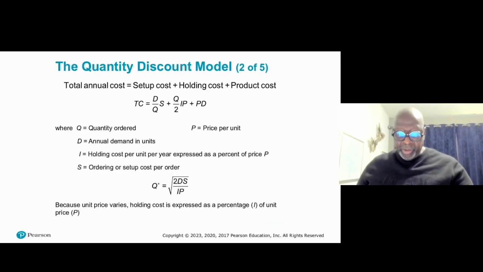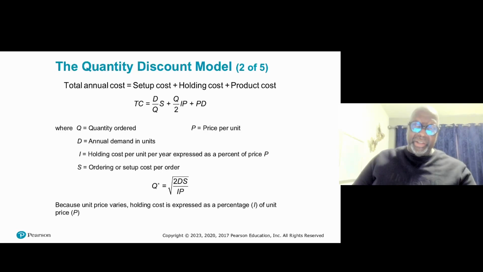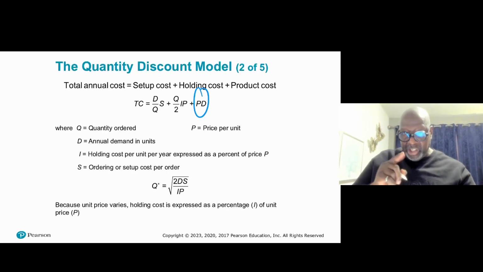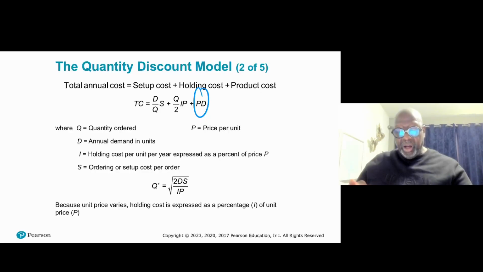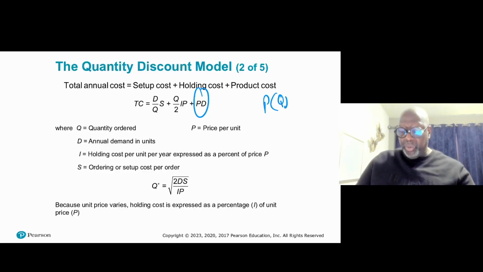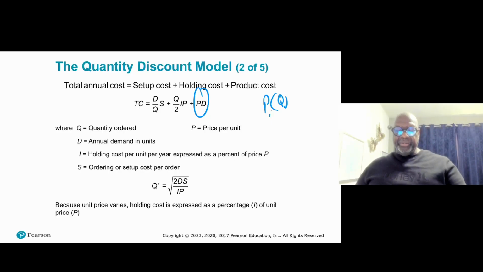Is it worth it? In this case, we have to consider not only the ordering costs and holding costs, but also the purchase cost, because remember, the price changes depending on the amount that you order. In other words, price is a function of the quantity, right? The price of the item.